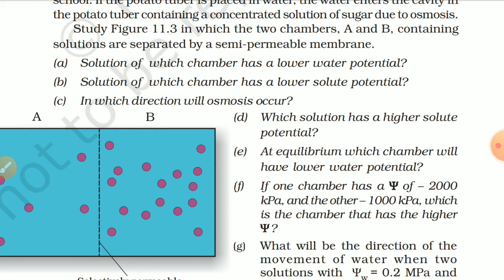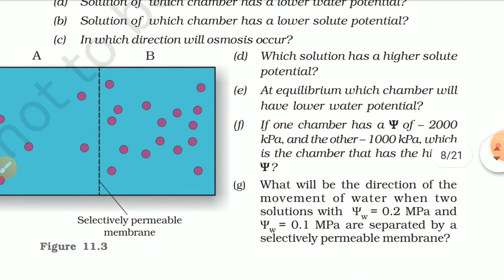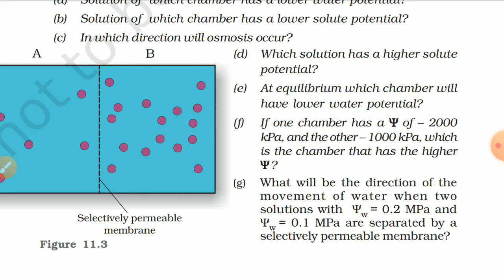F. If one chamber has a Ψ of minus 2000 kilopascal and the other has minus 1000 kilopascal, which is the chamber that has the higher Ψ? G. What will be the direction of movement of water when two solutions with Ψw equal to 2.2 megapascal and Ψw equal to 0.1 megapascal are separated by a selectively permeable membrane?